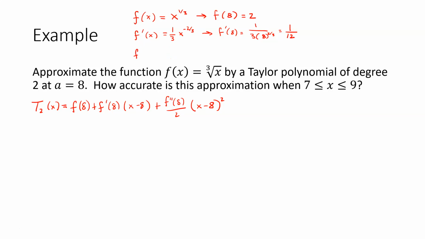And then the second derivative, we'll get negative 2 over 9 x to the negative 5 over 3. And so the second derivative at 8 will be negative 2 over 9 times 8 to the 5/3.